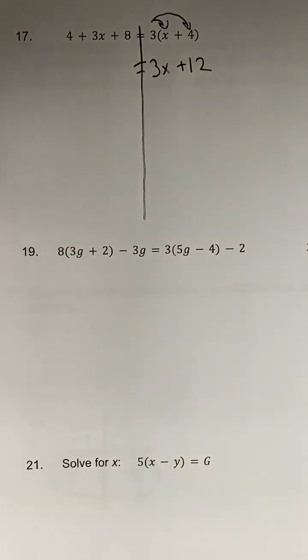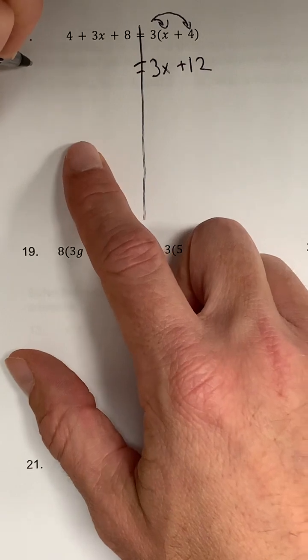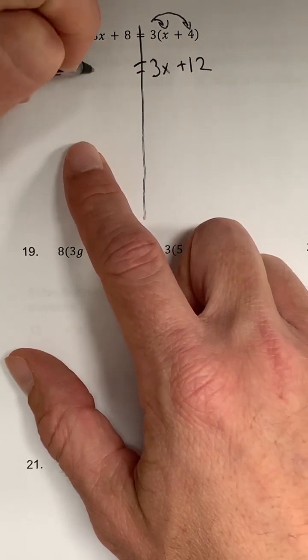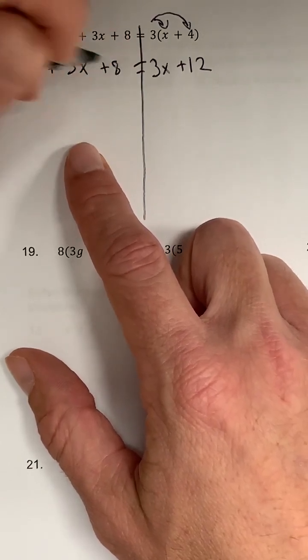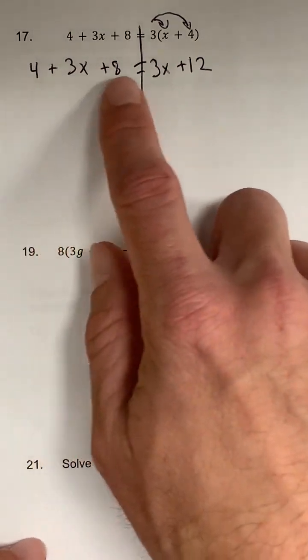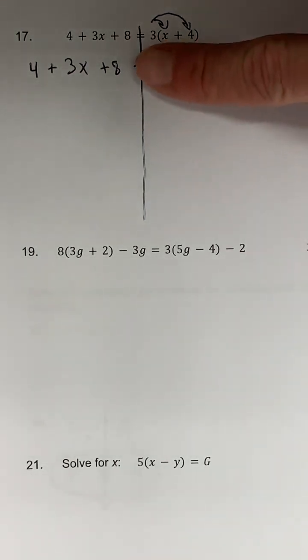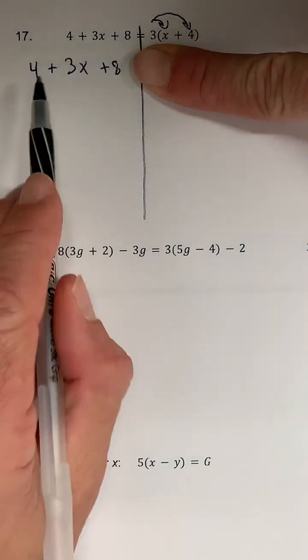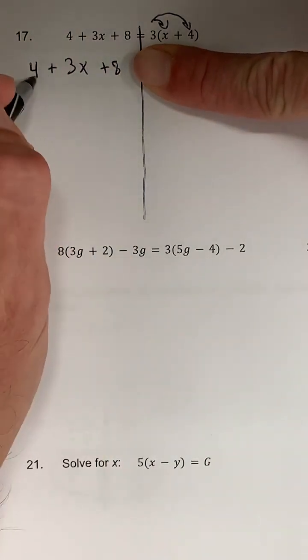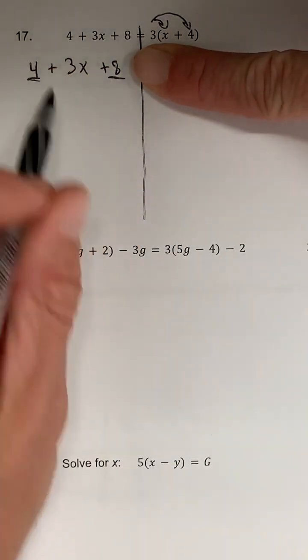Okay? And now let's just rewrite the other side. So 4 plus 3x plus 8. Okay, there are no parentheses anymore, so that's a good thing. The next thing we want to do is cover up each side of the equation, and see if there's any like terms that can be combined. So we've got 1, 2, 3 things here, and we notice that this is just a number, this is just a number.